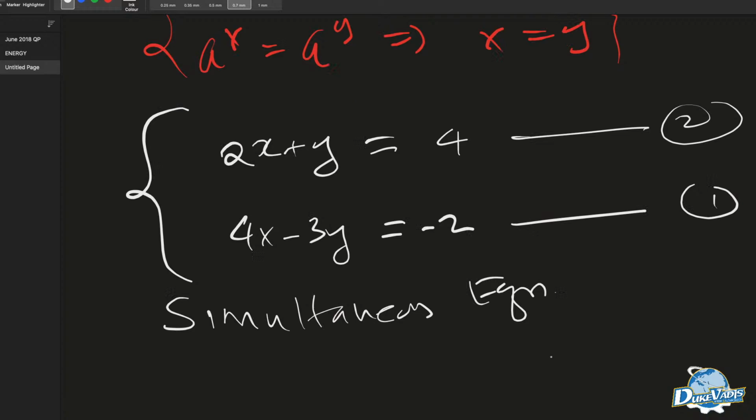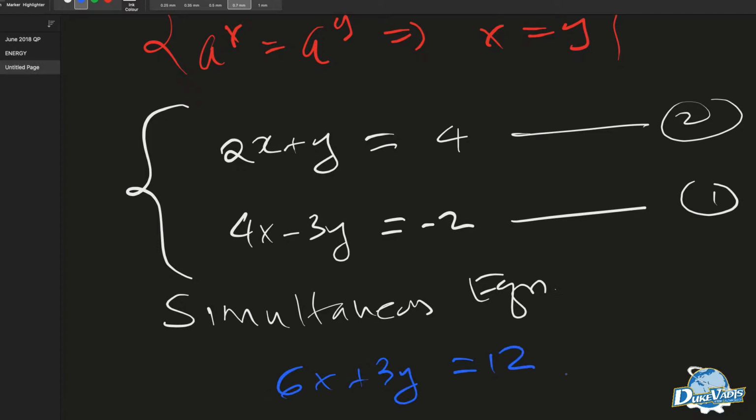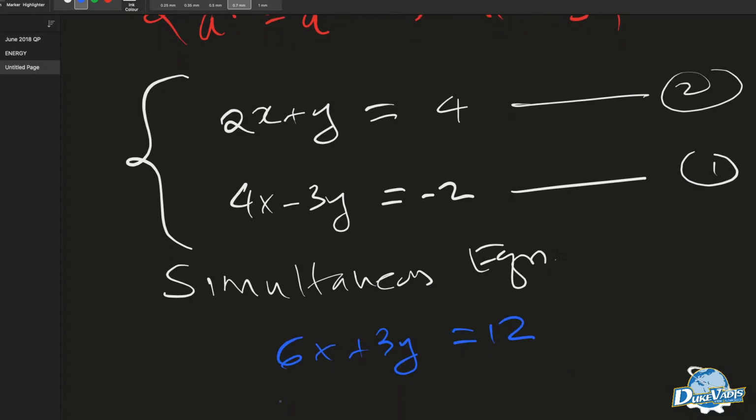We can multiply the second one by 3 and add them. I presume you know how to solve simultaneous equations. Then our equation now is going to be 6x plus 3y is equal to 12, and equation 1 is 4x minus 3y is equal to negative 2.